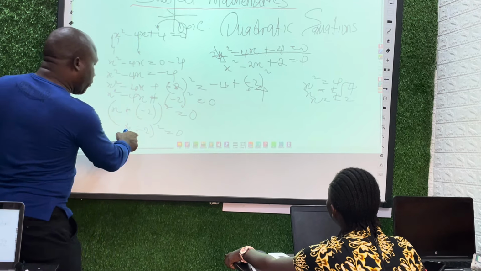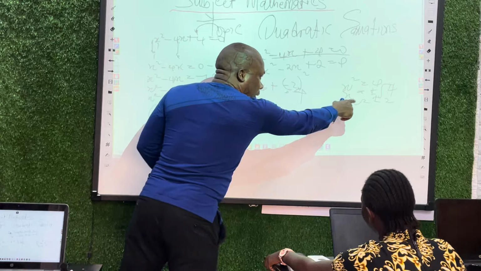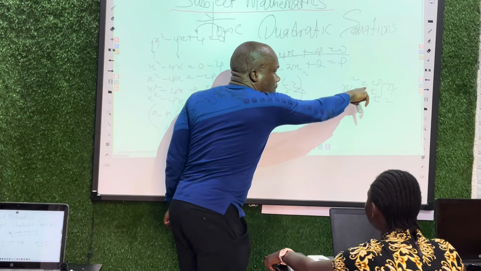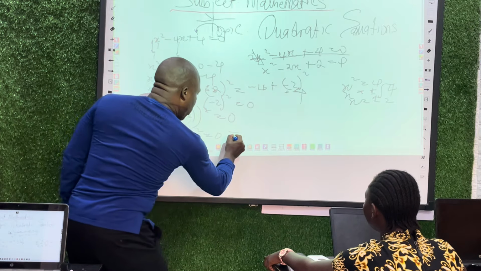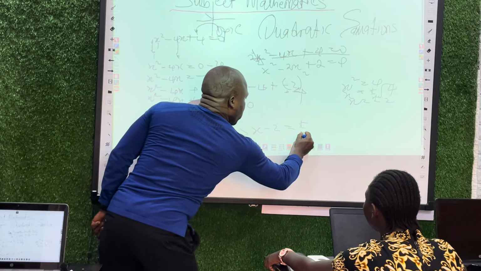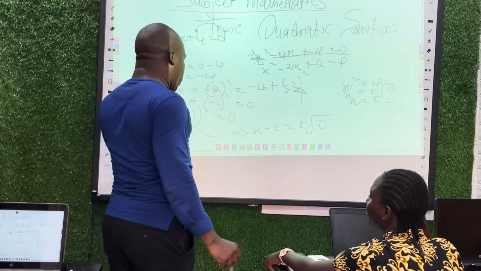Okay. Now if you follow the same logical pattern, the same way you used to address this value, it implies that x minus 2 will be plus or minus the square root of 0. Are we not right?